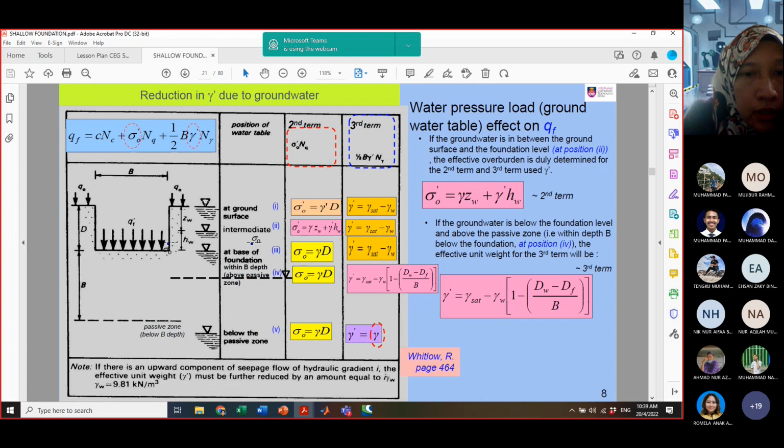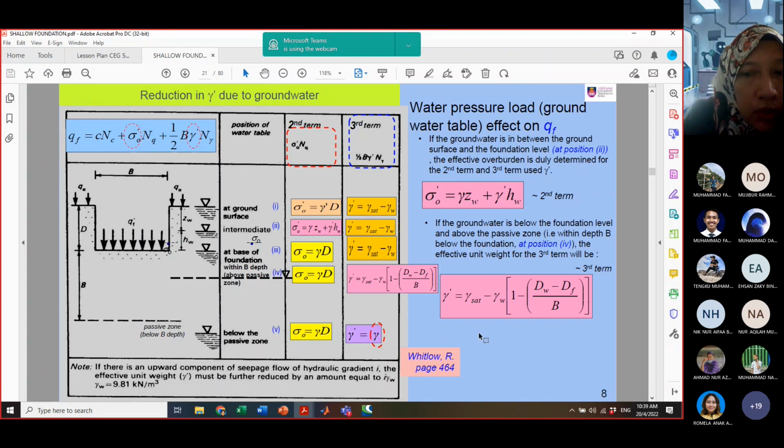Unit weight kita akan pakai effective unit weight yang mana gamma saturated minus dengan gamma water, barulah you darab berapa kedalaman footing tu berada daripada permukaan tanah. Similarly for term number 3, nampak tak kat sini kita ada gamma kan? Gamma kat sinilah yang akan terkesan bila you buat calculation for term number 3 bila you have water table effect at the ground surface. So now you kena pakai effective gamma, saturated minus dengan gamma water.